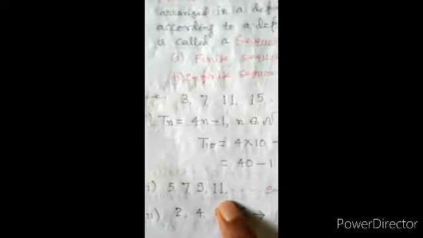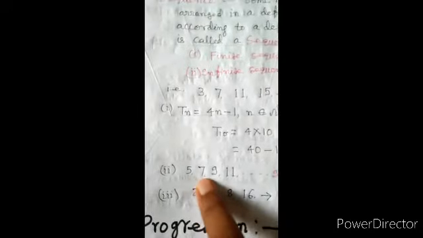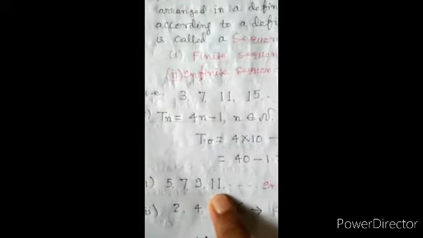See another example. 5, 7, 9, 11 up to infinity. This is an infinite sequence. 5 plus 2 is 7, 7 plus 2 is 9, 9 plus 2 is 11, etc. Now 2, 4, 8, 16 is a finite sequence.